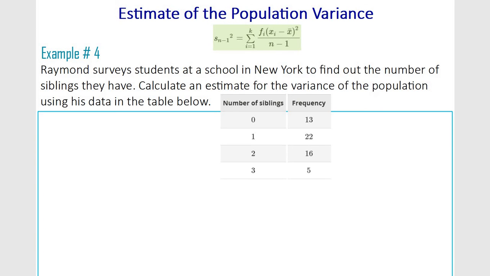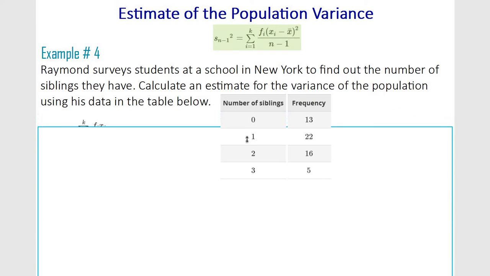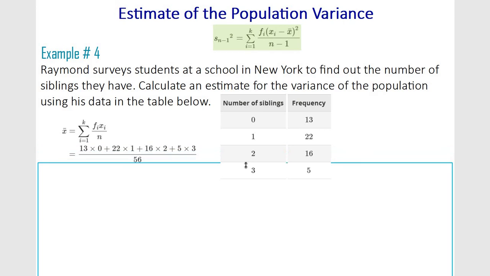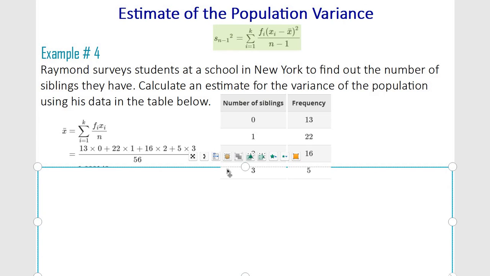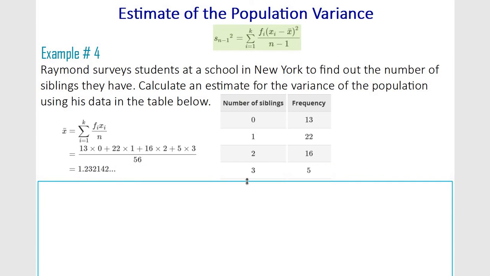All right, so now let's look at this. Let's calculate an estimate for the variance of the population using this data. For this one, you need to start by finding the mean, because we're going to be doing the difference there. So we calculate the average. 13 times 0 plus 22 times 1, we're doing the frequency times the number of siblings. We get the average to be 1.23, and so on.